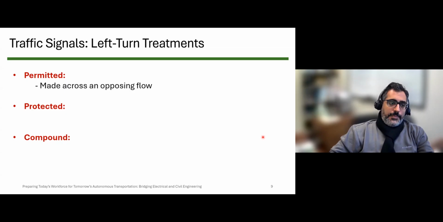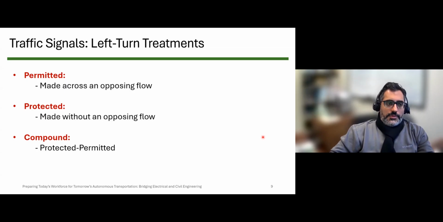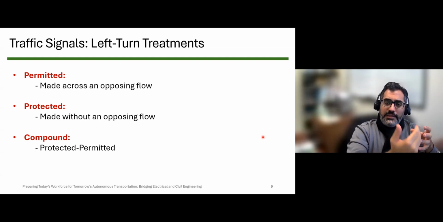So what is that? A permitted left turn is when you are turning left, but there is a conflicting through movement coming your way, and you have to yield the right of way to that through movement and find a gap to turn left.